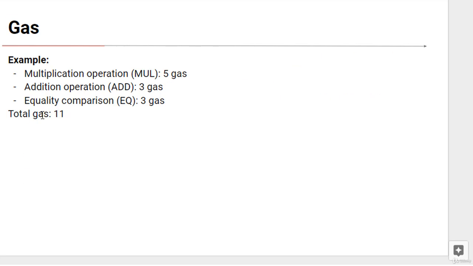I have another example with gas. Let's say our smart contract has a function that executes 3 operations. A multiplication operation, that is the MUL opcode, that costs 5 gas. An addition operation, the ADD opcode, that costs 3 gas. And an equality comparison, the EQ opcode, that is 3 gas. So in total, our function will consume 11 gas.